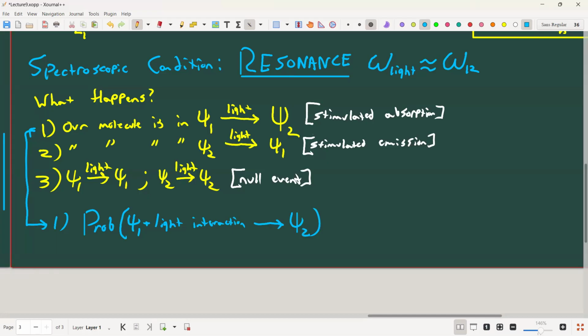So we're going to use the same probability calculation that we've been doing on the homework. We're going to take some integral of our interaction operator, our measurement, which is the light field interacting with the molecule, and calculate its result on psi 1, and then project that result on psi 2.